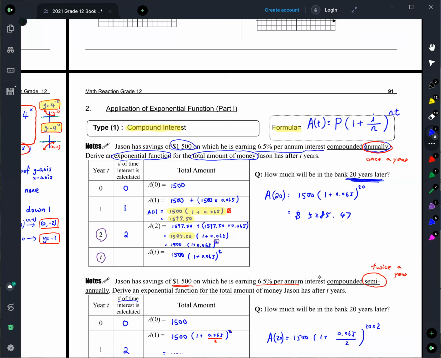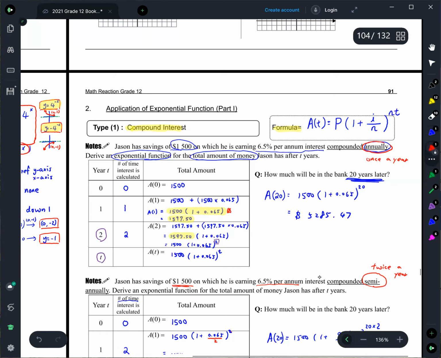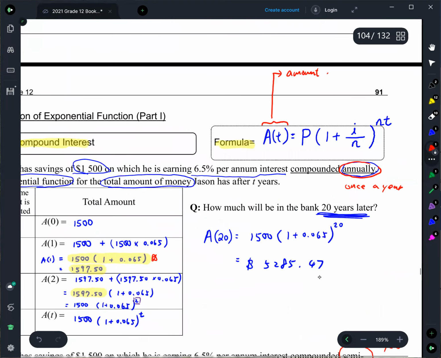Okay, so let's write the meaning first. So this part is the amount after t years.